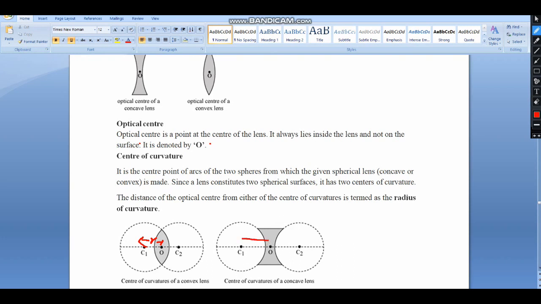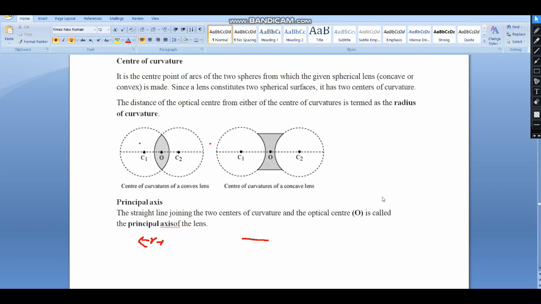Next, the principal axis. The principal axis is the line joining the optical center and the centers of curvature.